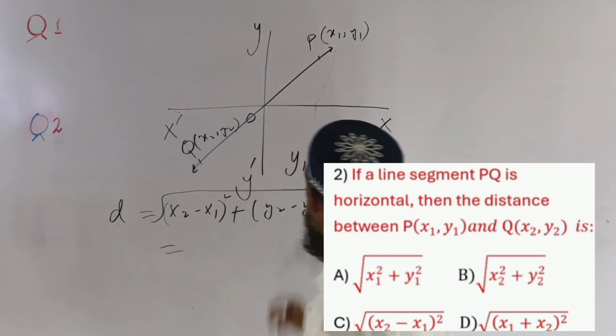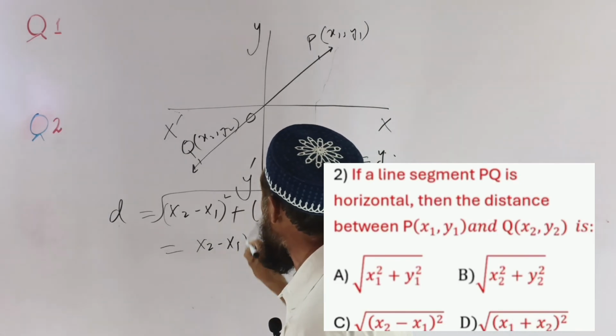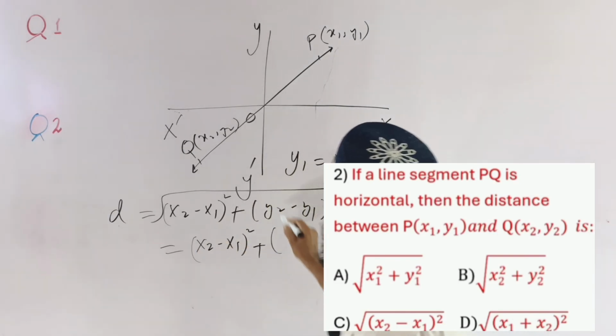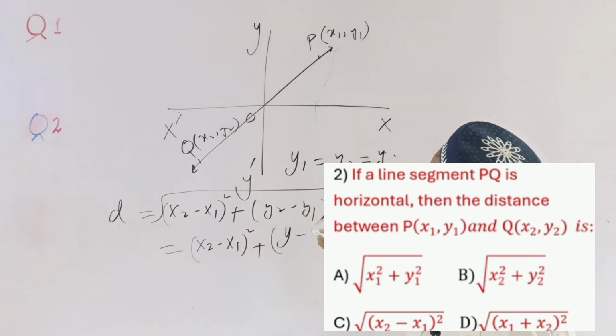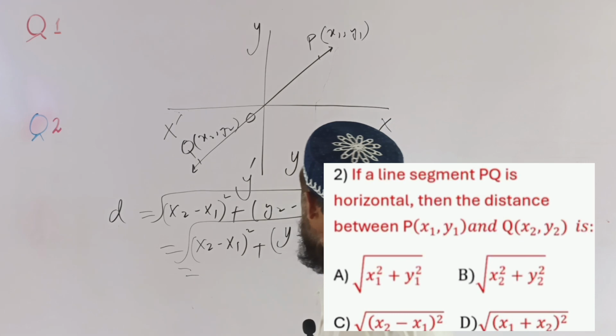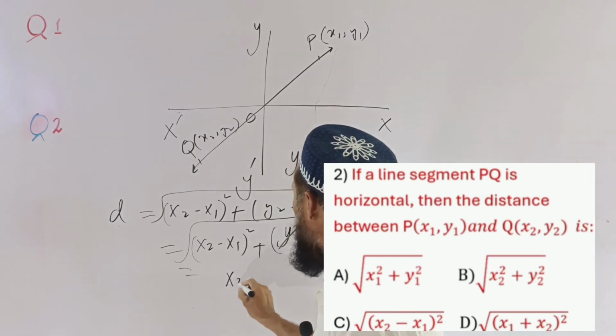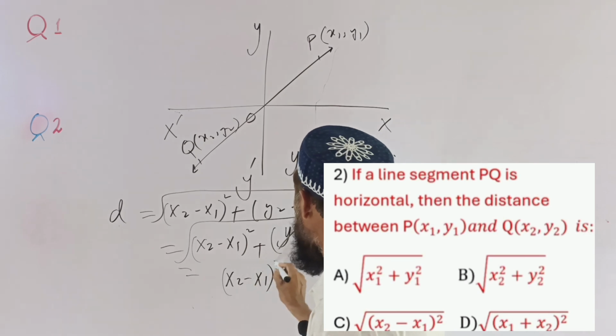So if we put x2 minus x1 whole square plus, and in place of y2 we put y, and in place of y1 we put y, both cancel each other and give 0. So we get the square root of x2 minus x1 whole square.